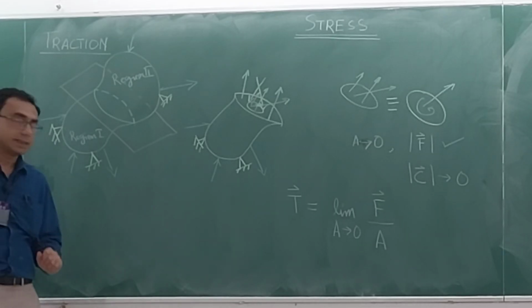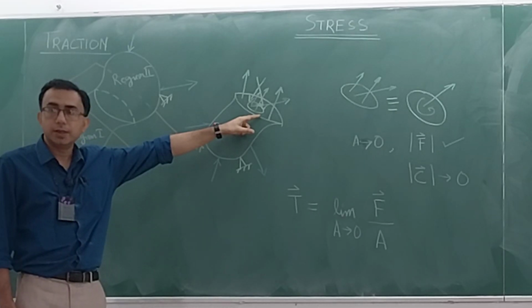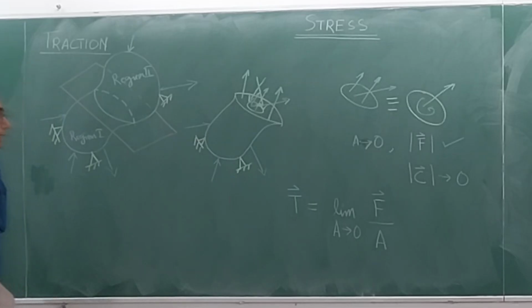But there is another thing. Even before we chose this region and shrunk it to a point, we took this cutting plane. What is the implication of taking this cutting plane? The implication is that you are restricting yourself to a unique outward normal.